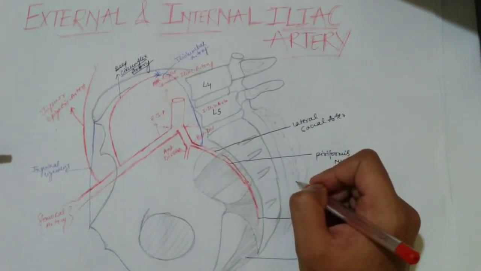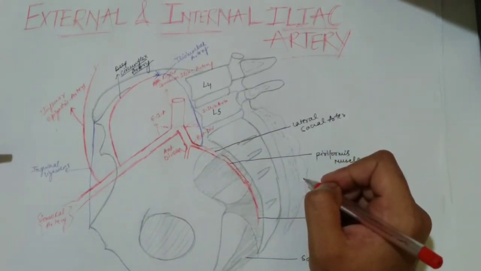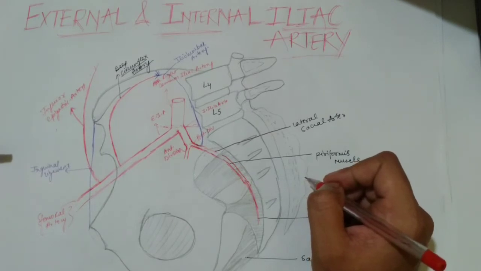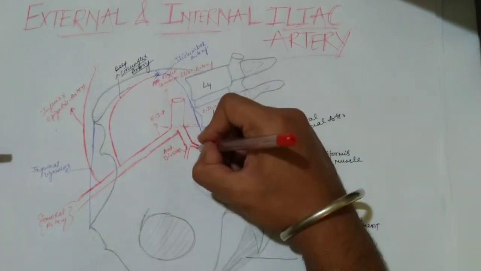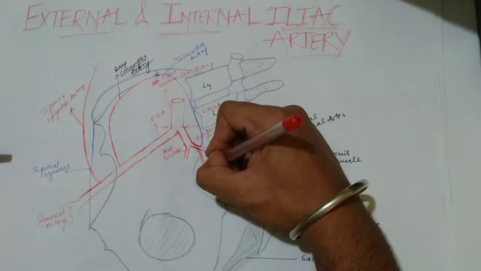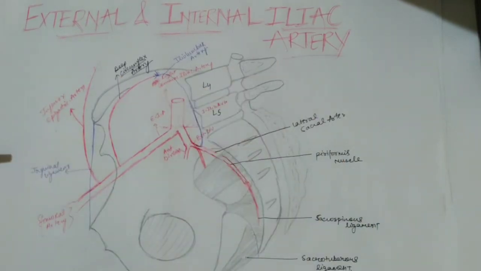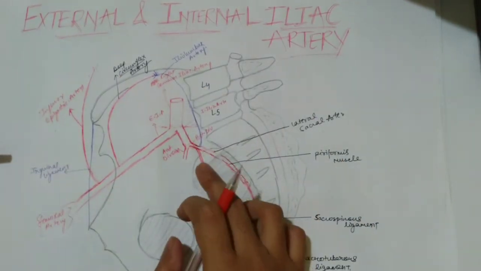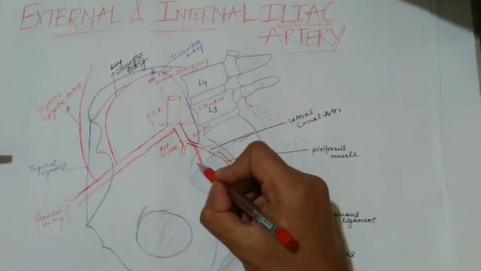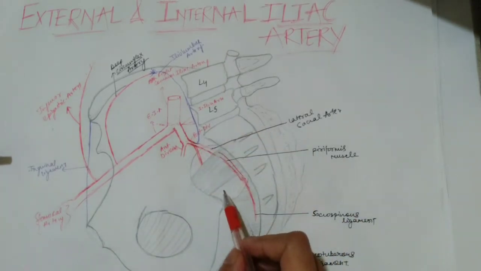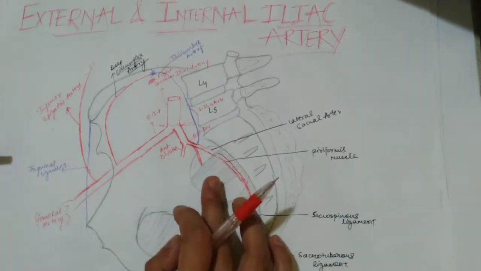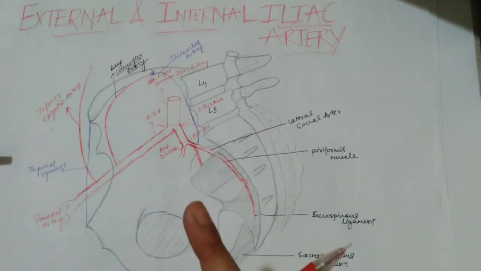And the last one is your superior gluteal artery, and it goes like this. From here there is a branch, and it goes above your piriformis muscle, in the suprapiriformis foramen. So this is your suprapiriformis foramen, this is your infrapiriformis foramen. The piriformis muscle divides the greater sciatic foramen into two foramens, superior and inferior.